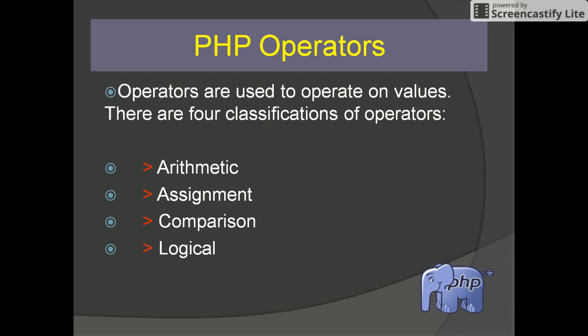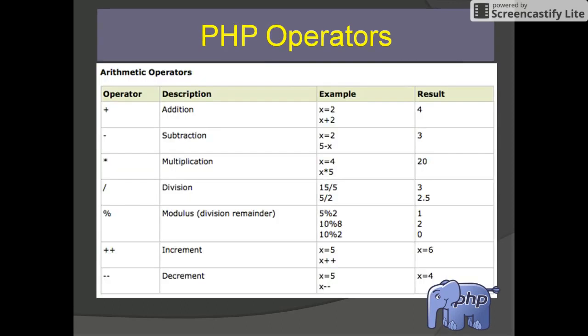Then there come operators. PHP consists of various kinds of operators that are used to operate on different variables. There are 4 types of operators in PHP: arithmetic, assignment, comparison, and logical operators. First come arithmetic operators, the mathematical operators: plus, minus, multiplication, division, modulus, which gives the remainder, and increment and decrement operators.